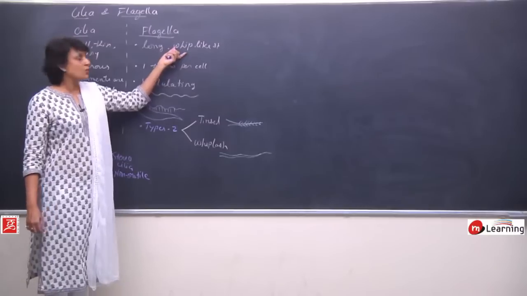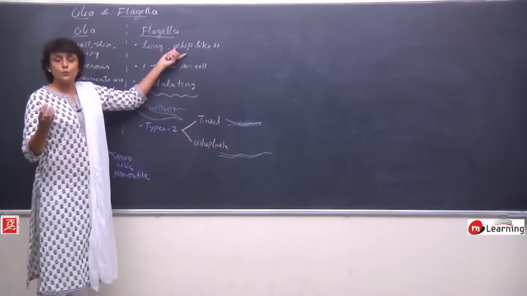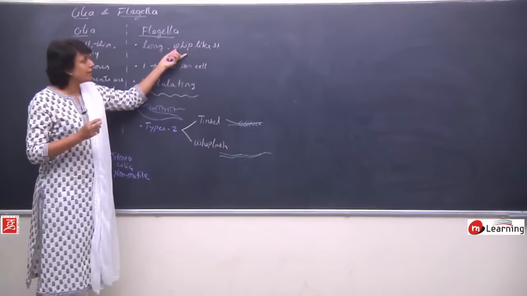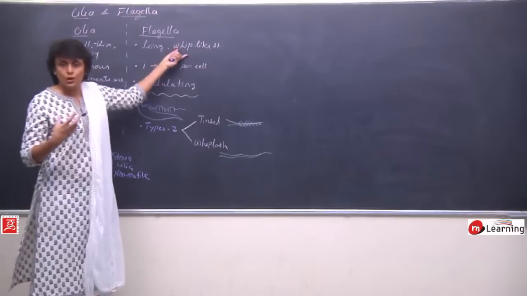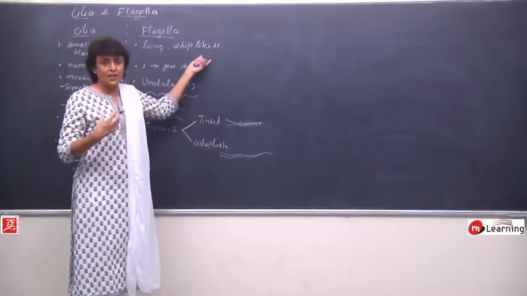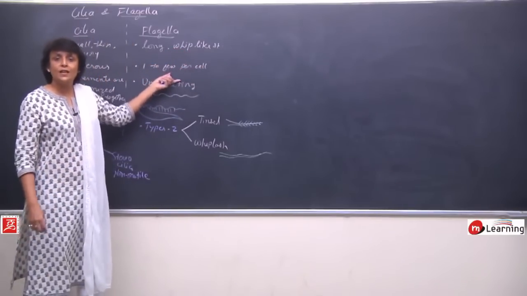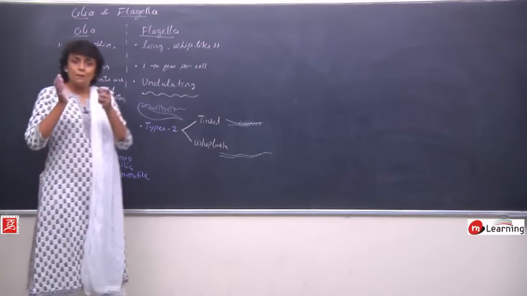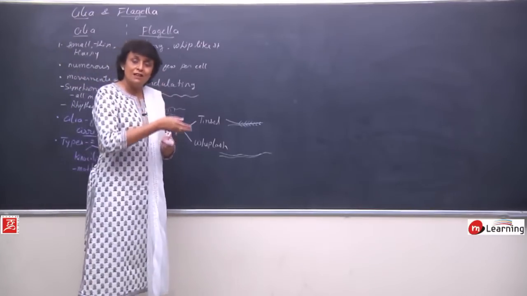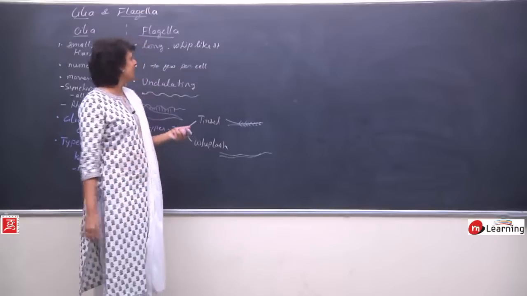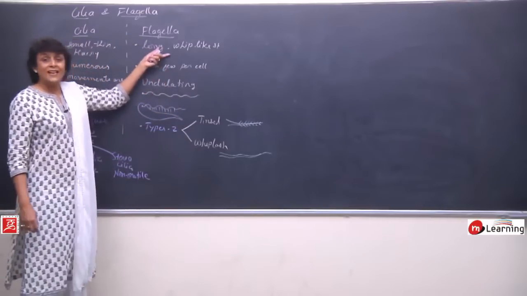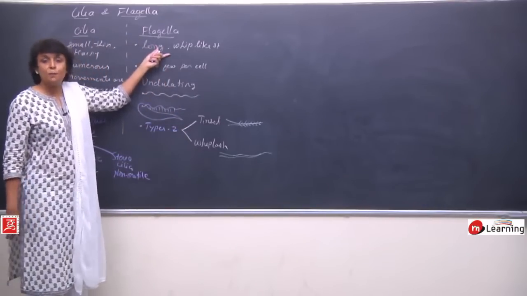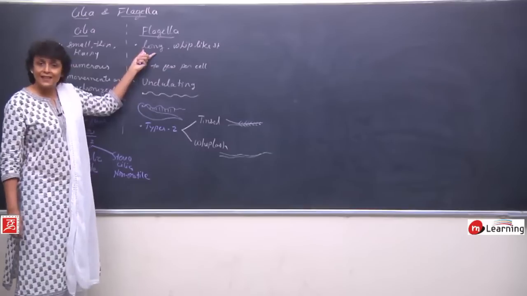Flagella are present normally in cells which have to move from one place to another, like zoospores. Zoospores of Chlamydomonas or Spirogyra have flagella because they have to move from the male reproductive structure to the female reproductive structure for fertilization. So flagellate cells, plus Euglena, Trypanosoma, they are also flagellates.